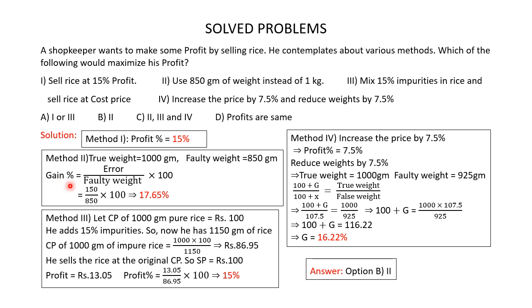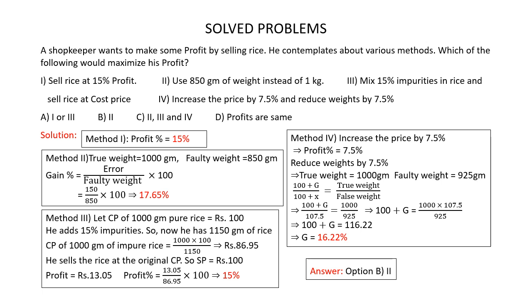Now we know that gain percent is equal to error divided by faulty weight multiplied by 100. So we know that the error is 150 grams, faulty weight is 850 grams. So substituting these values in the formula here, we get gain percent is equal to 150 / 850 × 100, which is nothing but 17.65%. So the gain percent in method 2 is 17.65%.